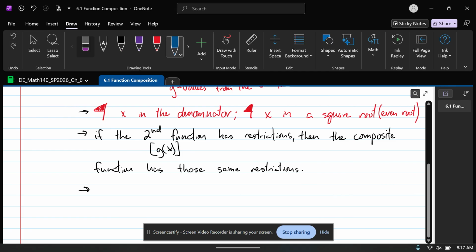This is where it gets a little different. So we find the domain of g of x. If it has restrictions, then that is automatically in the domain of the composite function.